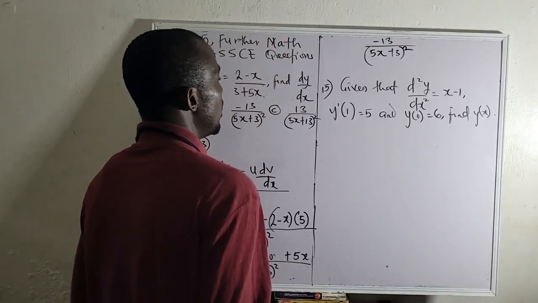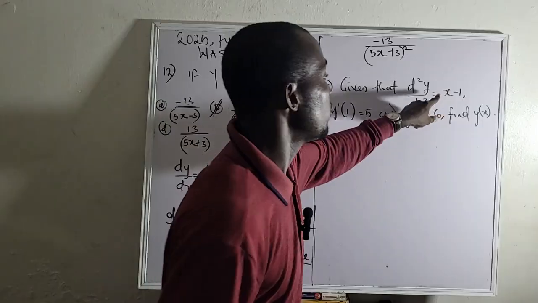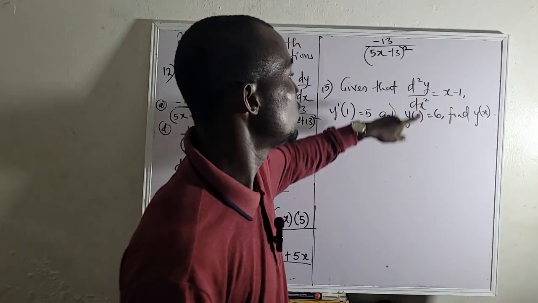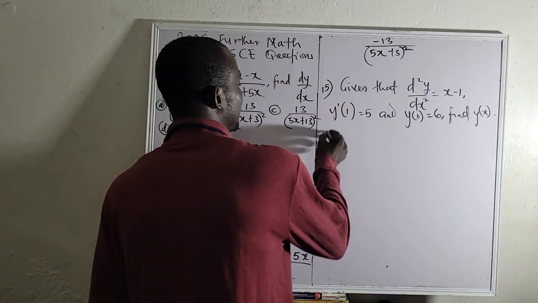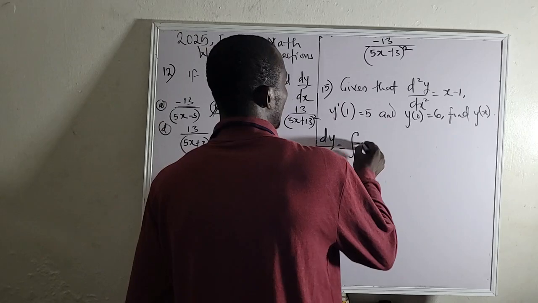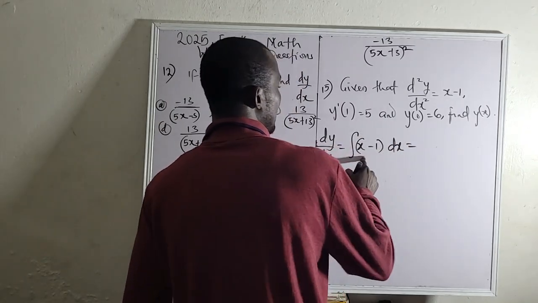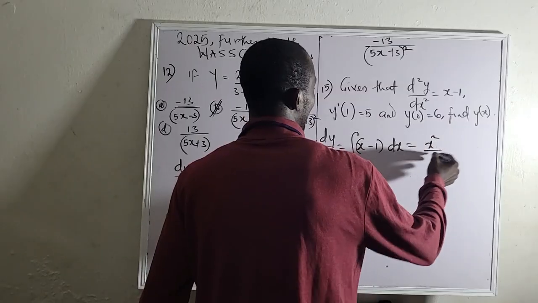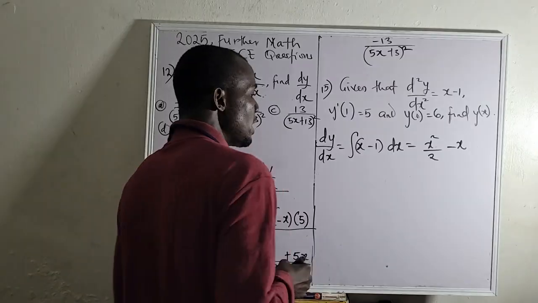So here, you start from here. For you to get the first derivative, you need to take the integral of this. So I'm going to say my first derivative, dy over dx, will be the integral of x minus 1 with respect to x. This will be x squared over 2 minus x.